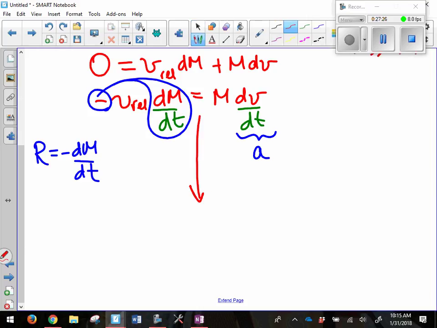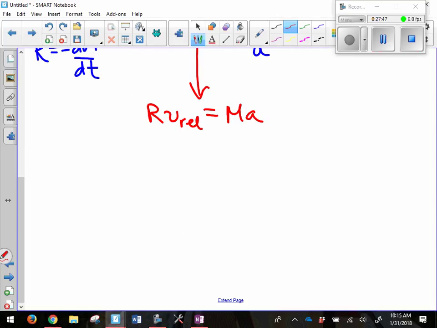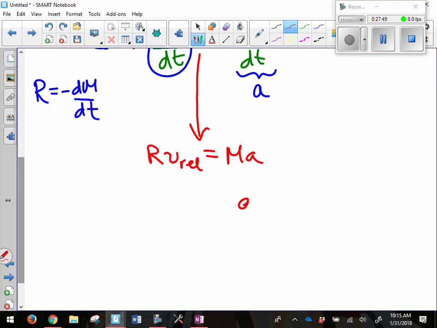So what we get is R vrel is equal to ma. And so if my goal was to solve for a, it will be R vrel over m.